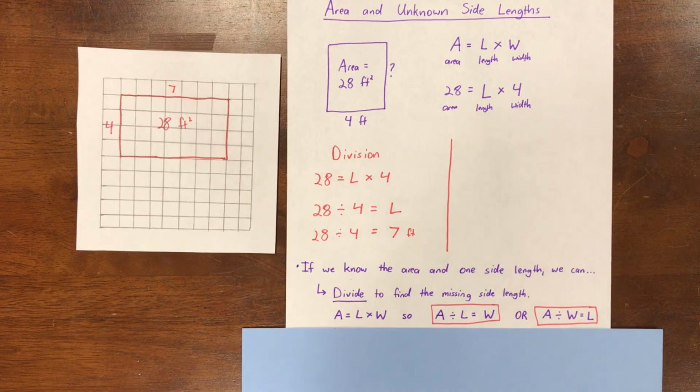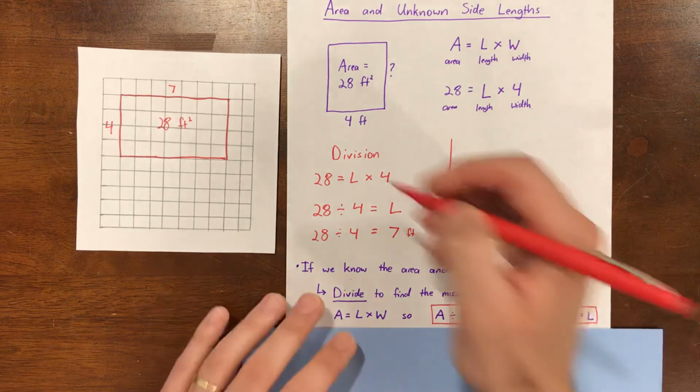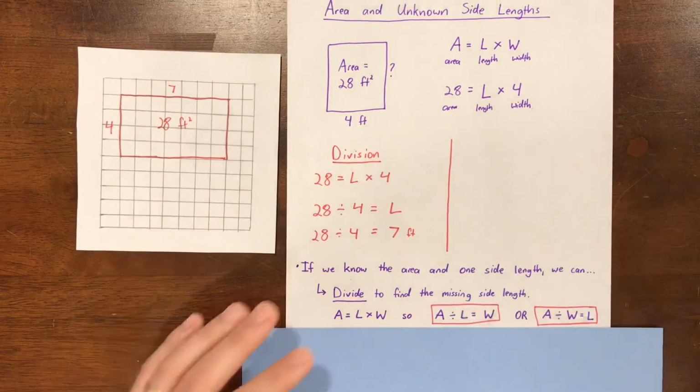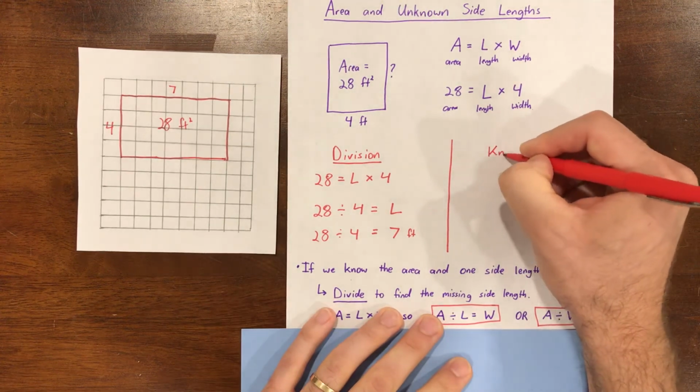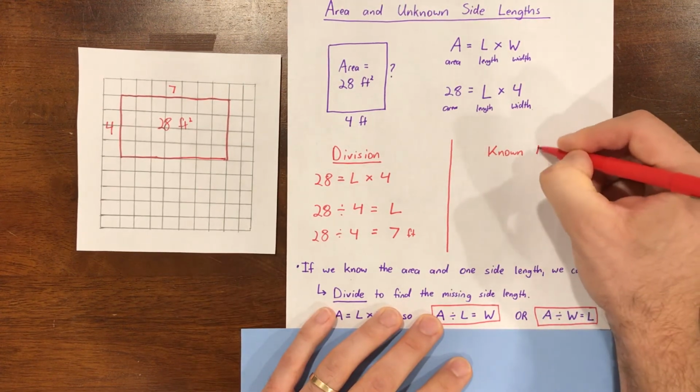Okay, great. And there's actually another way that we could use the area formula to help us. How could we use the area formula to find the missing length without dividing? Say it out loud. Yeah, we could just use known facts.